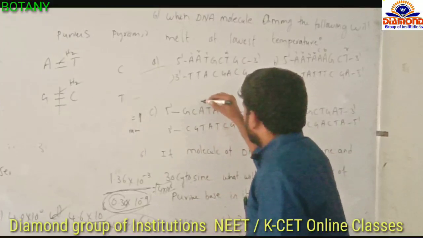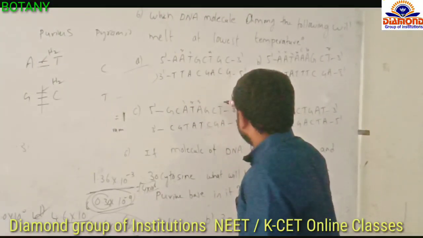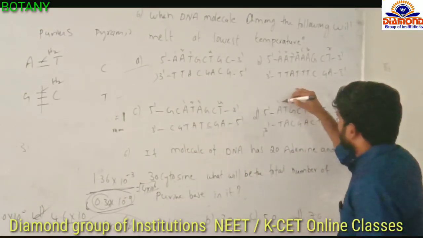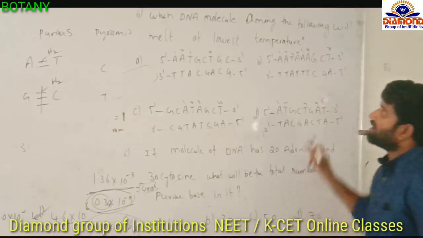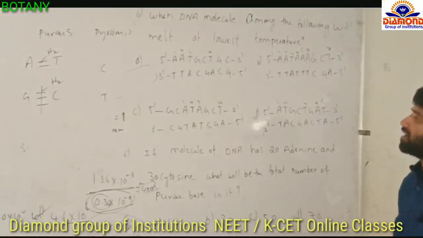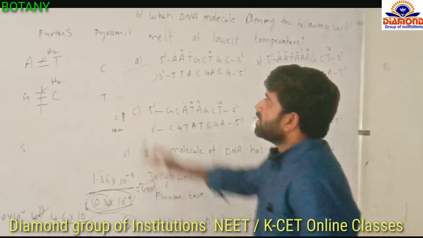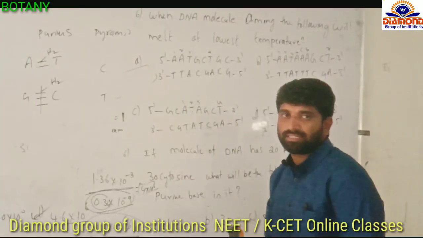Option C has adenine and thymine numbers 2, 3, 4 only. Option D has 1, 2, 3, 4 and 5. Out of the 4 options, the option which contains more adenine and thymine molecules will have a lower melting temperature.